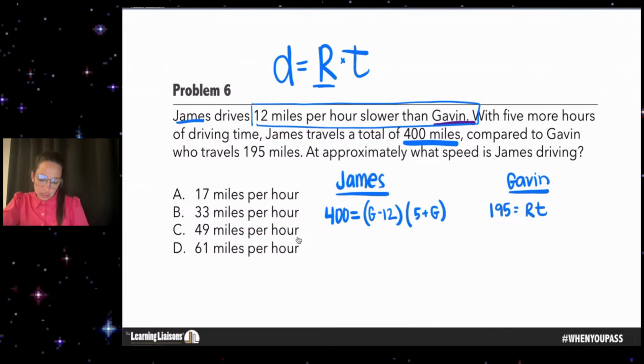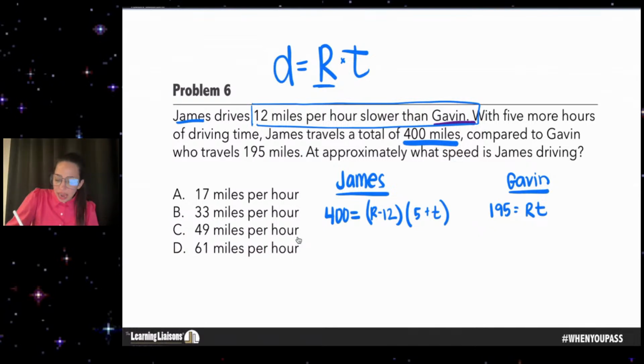We're going to call this T, because T is consistent, right? So now I'm going to replace this with R. R is Gavin's rate and T is Gavin's time, right? So now that makes a little bit more sense.